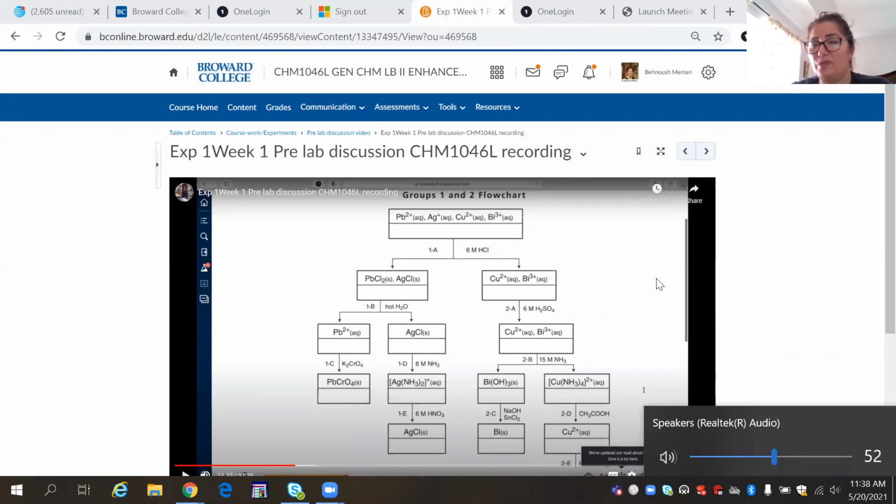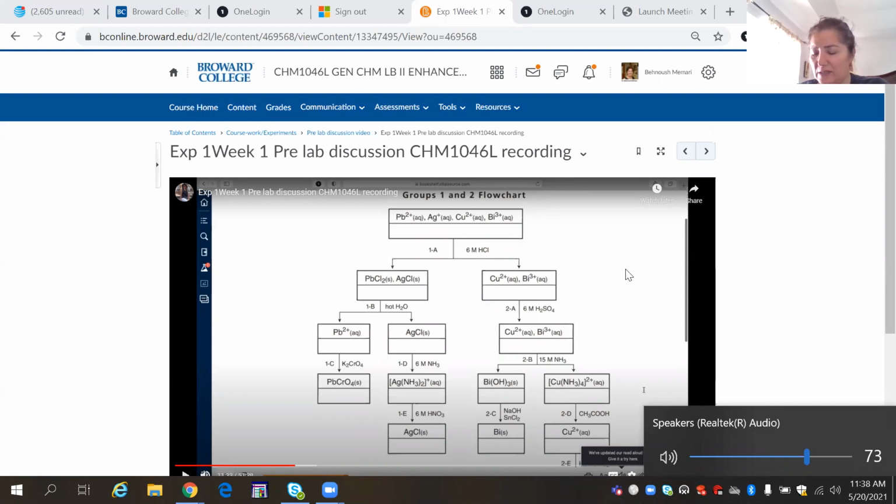Can I help you with any questions? Any concerns? I have a question. Sure. For the pre-lab, it said hydrogen chloride is added to a solution containing both lead and silver. How many different solids? I thought at first it was 2 separate solids, but now looking at the flow chart, I'm kind of confused, and I think it's just one, and that they separated from the other ions.